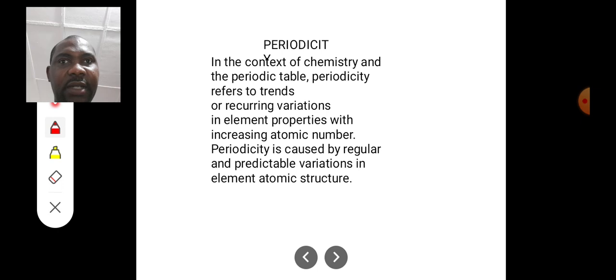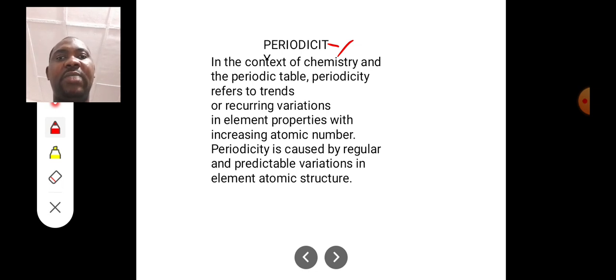This leads us to another topic, periodicity. In the context of chemistry and the periodic table, periodicity refers to the trend or recurring variations in element properties with increasing atomic number.